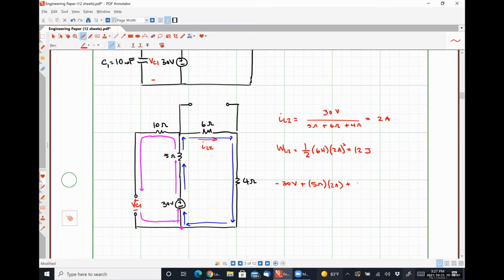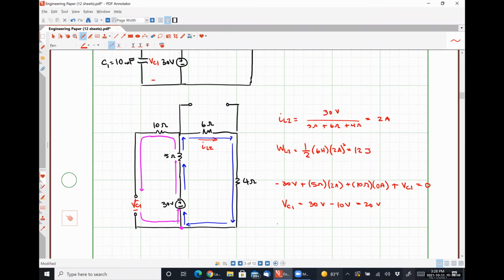Now we see the 10 ohm resistor. What's the current flowing through the 10 ohm resistor? 0 amps, right? Because it's not part of a closed current carrying path. Plus this voltage VC1 is equal to 0, which means our voltage VC1 is 30 volts minus 10 volts, which is 20 volts.